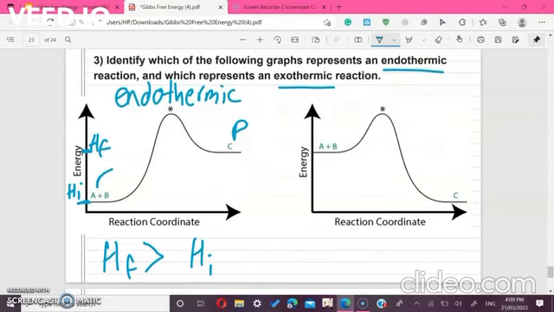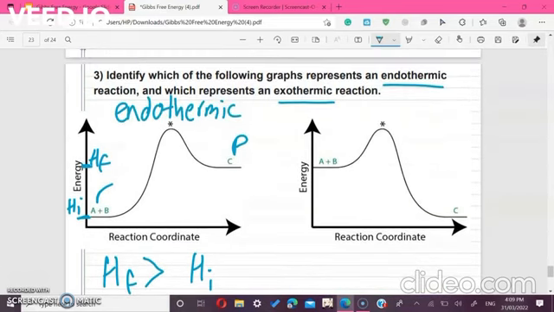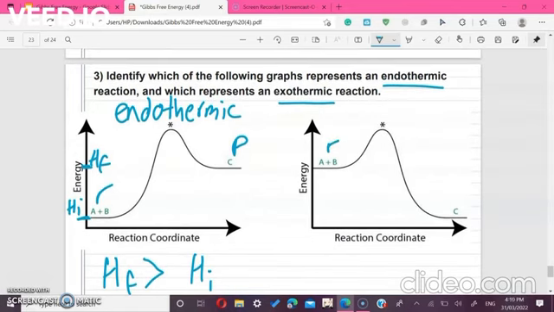Okay, we'll do the same thing for the graph that is to the right. A plus B represents the reactants, and C represents the product. H initial is here. It is the energy that the system started with. And H final is almost here. It is the energy that the system ended up with.